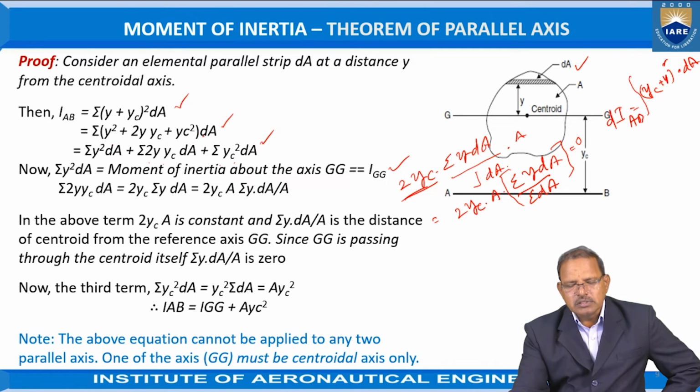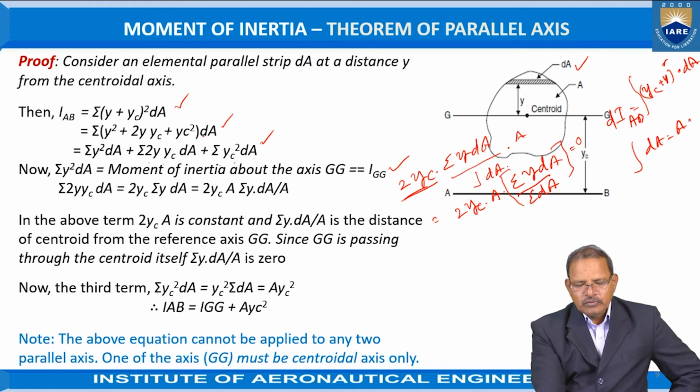In the remaining term, YC is the distance between the two parallel lines and remains constant. The integration of dA is equal to the total area of the element, which is also constant. So, substituting all the values in the above equations, sigma YC square dA is equal to A YC square.